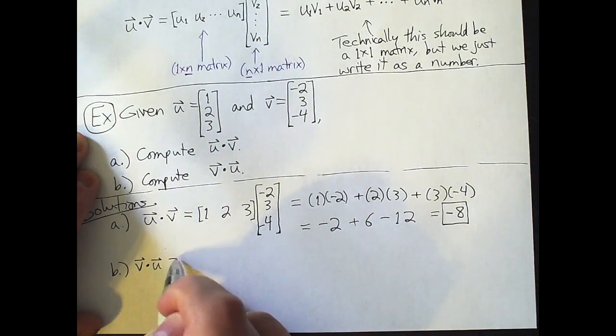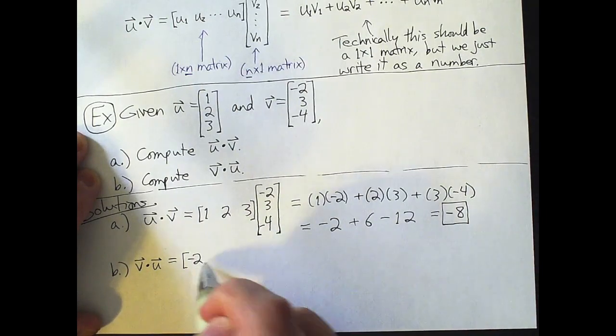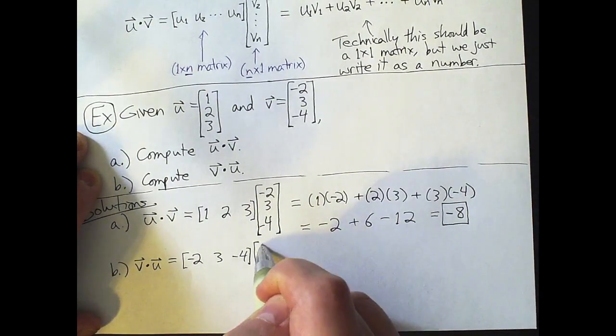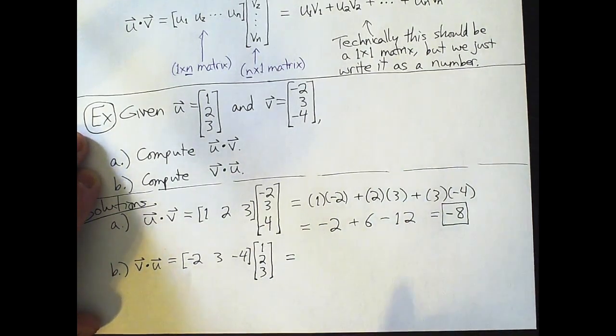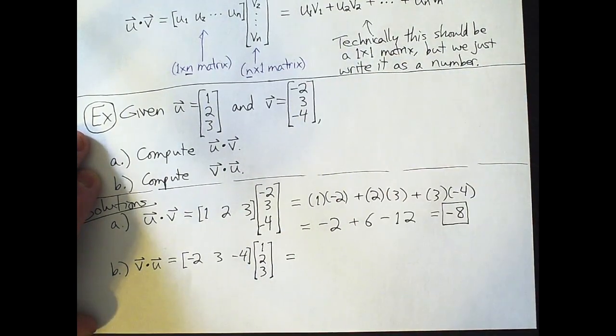All right, v dot u is going to be v transpose, which looks like this. And then the matrix u was 1, 2, 3. I just called it a matrix. I mean, like we said, a vector is a matrix. It's just a thin matrix.